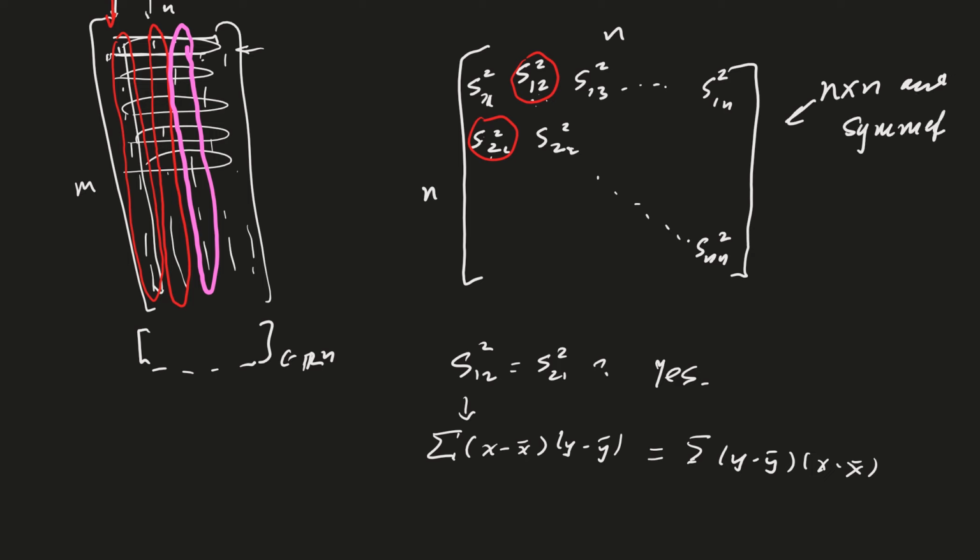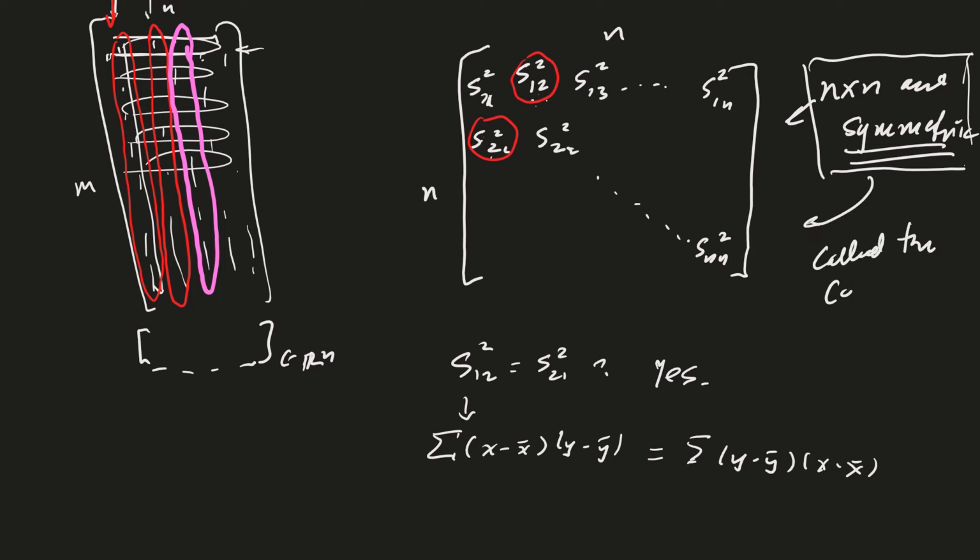By the way, are symmetric matrices nice in terms of eigenvectors? Yes. So we want to mention in passing that this is called the covariance matrix.